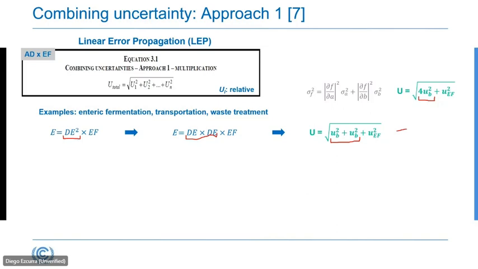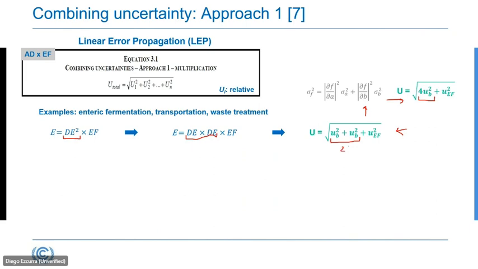So this equation keeps the assumption of the original model: variables are uncorrelated, and it's applicable to multiplications only. If we derive the formula for power, or if for this situation we add that the variables are not independent, we will reach this formula where the effect of the uncertainty of this variable is really 4 times instead of 2 times.